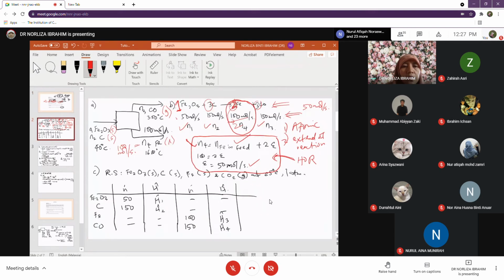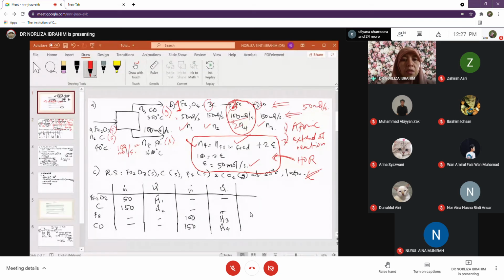Okay, so you write the reference state. The reference state, as mentioned in the video, is the reactant and the product. Again, reactant and product of the reaction. So what do I mean by that?